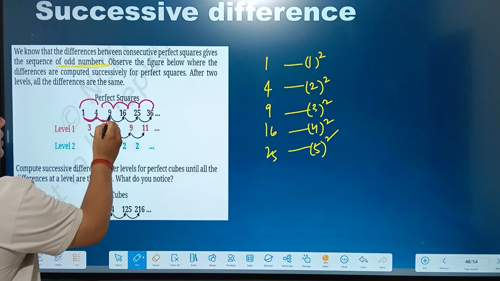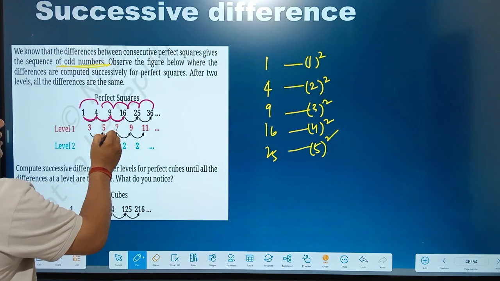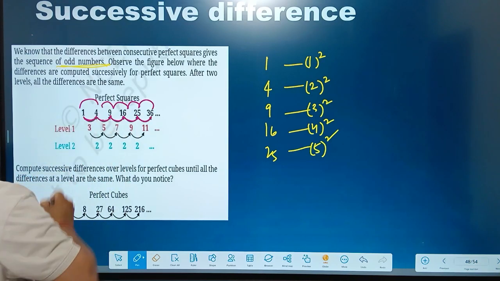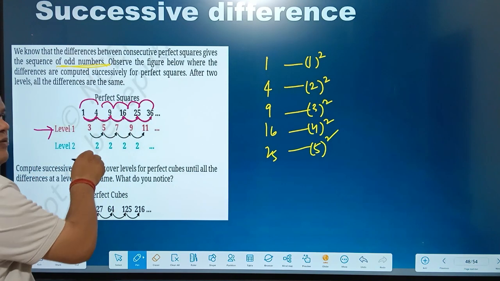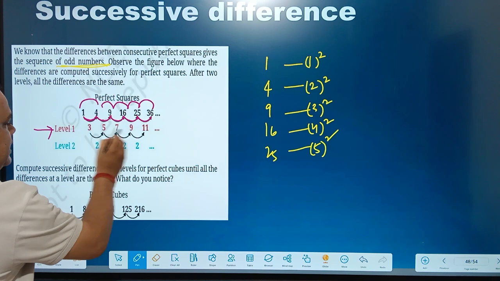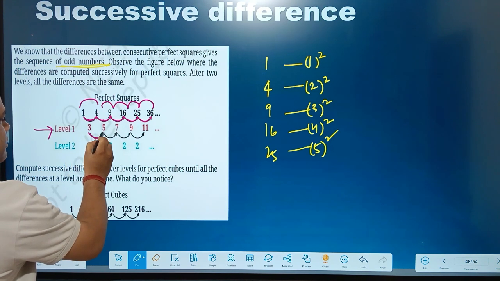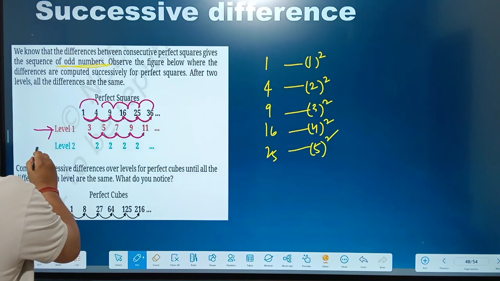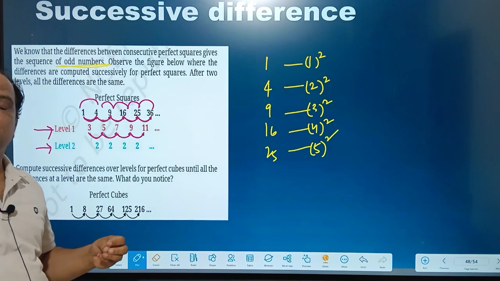This difference, 5. This difference, 7. 16 minus 9, 7. This is 25 minus 16, 9. 36 minus 25, 11. This is level 1. Now again, if you take the difference of these, 3 and 5, the difference is 5 minus 3, 2. This difference 2, this difference 2, this difference 2. So at level 2, the difference becomes constant.